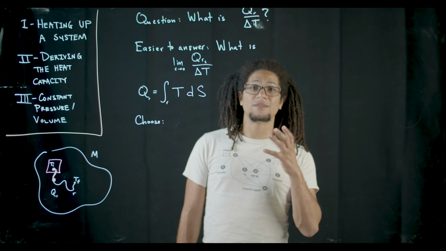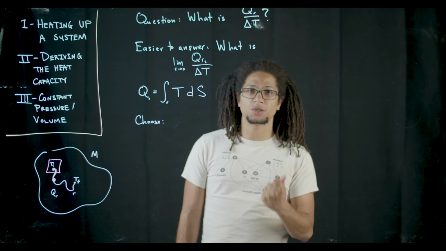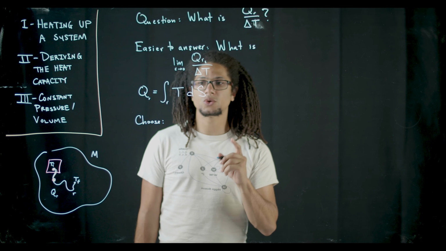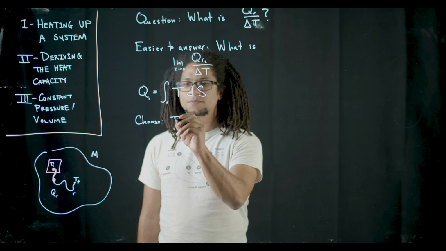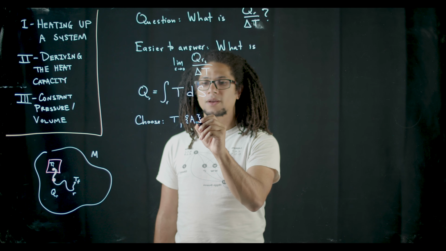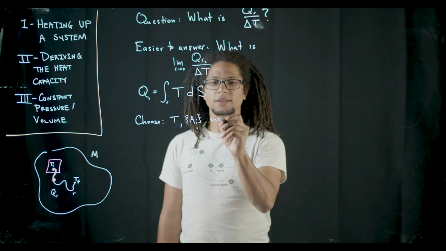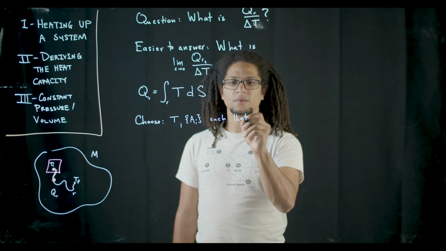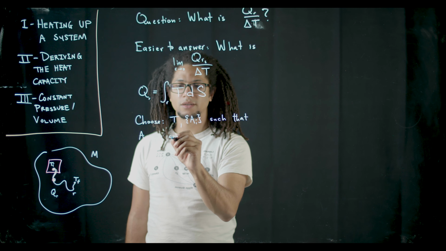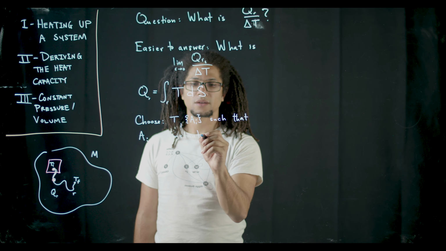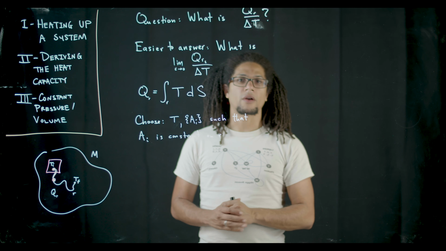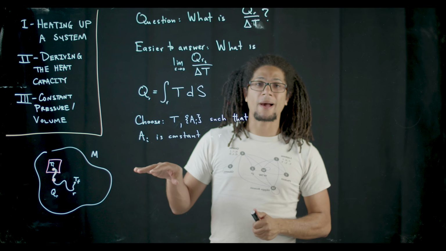I want to make our lives easier using what we've already learned about differential geometry. We have the freedom to choose any possible coordinate system. So we're going to choose coordinates, t, and then a coordinate system a_i, such that a_i is constant on R. All right, so this is very powerful.